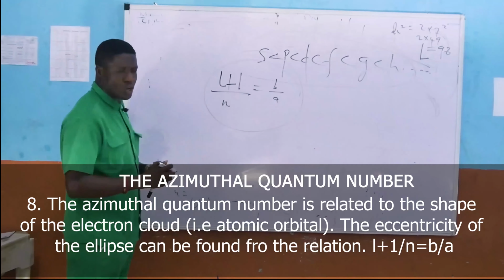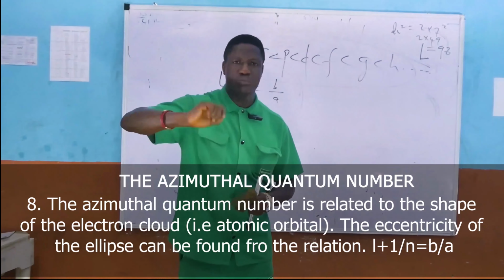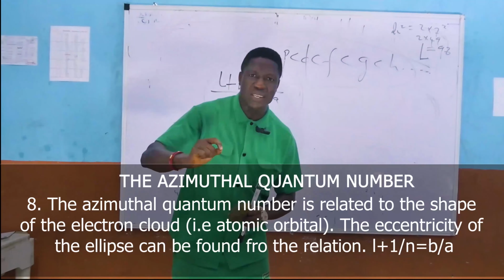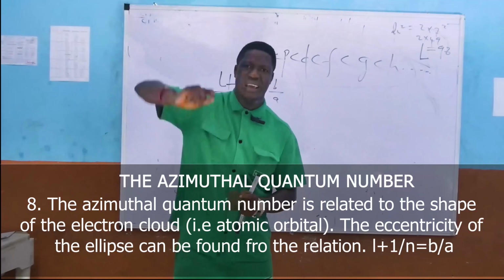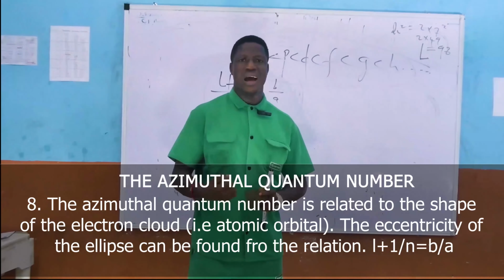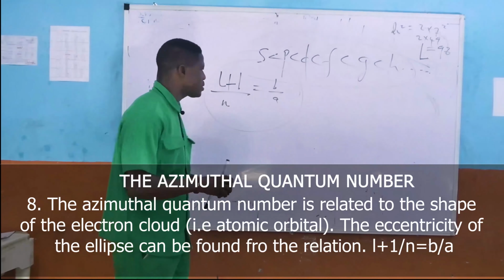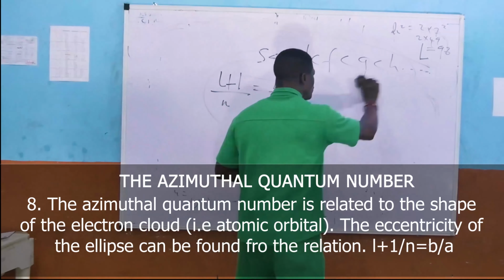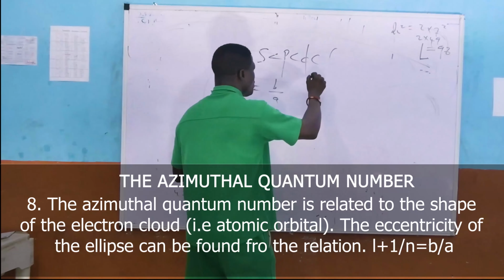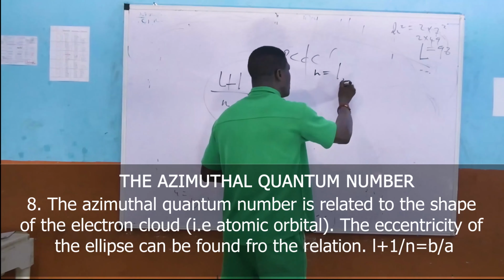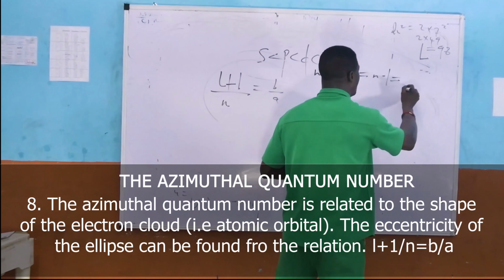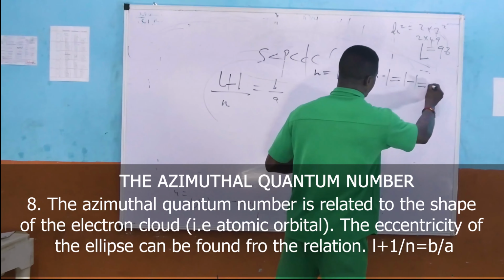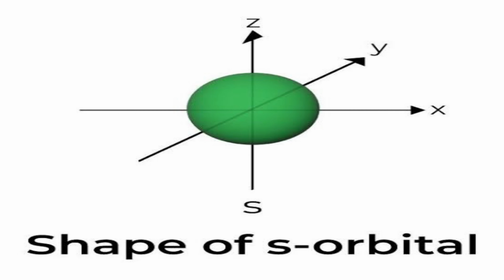Therefore, in conclusion, it can be said that the azimuthal quantum number determines the angular momentum of the atomic orbital. Hence, the shape of the atomic orbital. It is in view of this knowledge that we today can conclude that for n equal 1, we have azimuthal quantum number of n minus 1, and that is equal to 1 minus 1, which is 0, which corresponds with the s subshell, otherwise called the s atomic orbital.